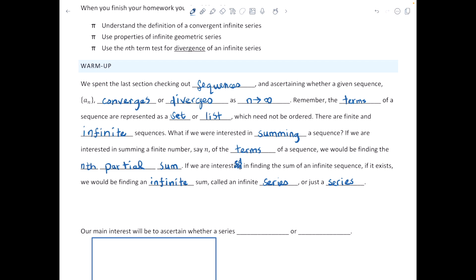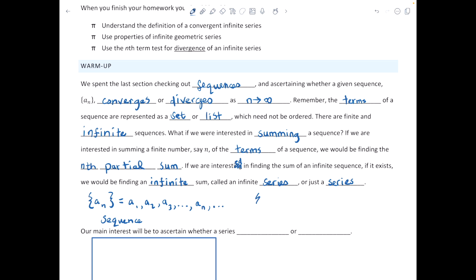So a little bit about notation here. This represents a sequence, and a sequence is a list, which doesn't necessarily have to be ordered, but we'll make it ordered. A sub n, comma, dot dot dot.